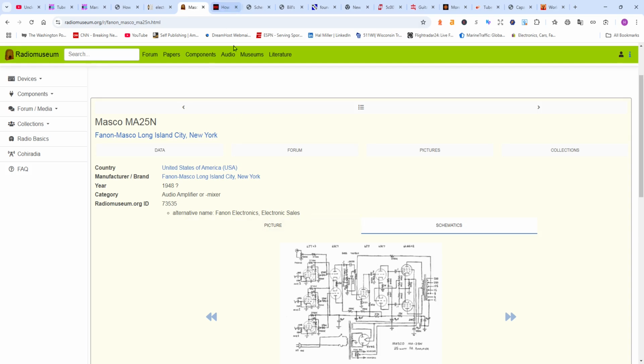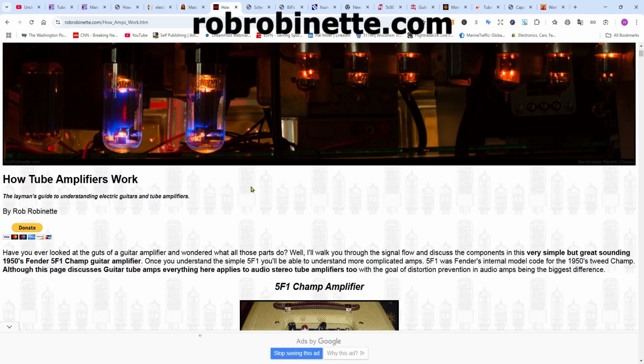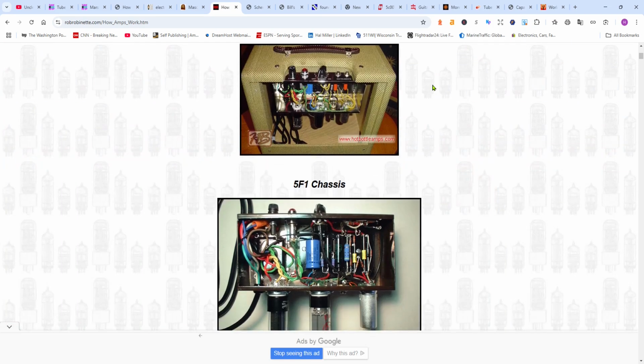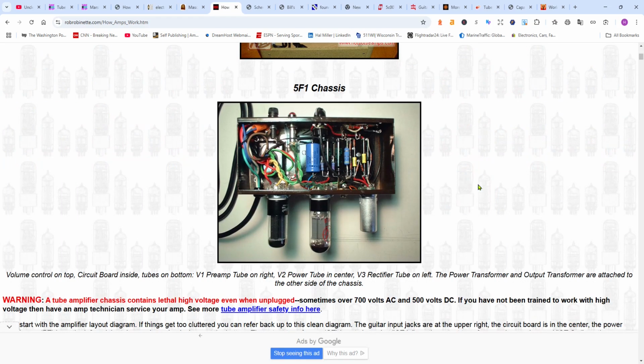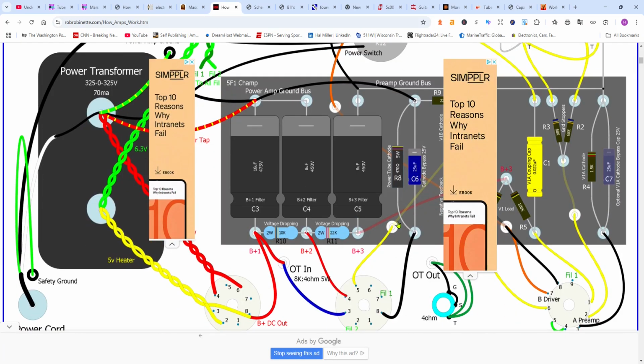The next one, and I've saved kind of the best, or I think one of the most valuable, for last, is Rob Robinette's site. Rob's site is kind of like Merlin Blencow's site, except for people like me who are what I would call math challenged or math averse. Rob does a spectacular job of explaining how these amps work in diagrams and pictures.